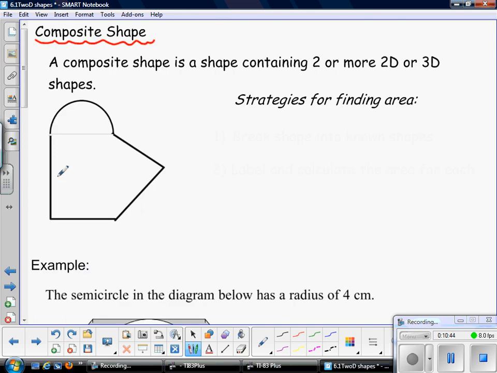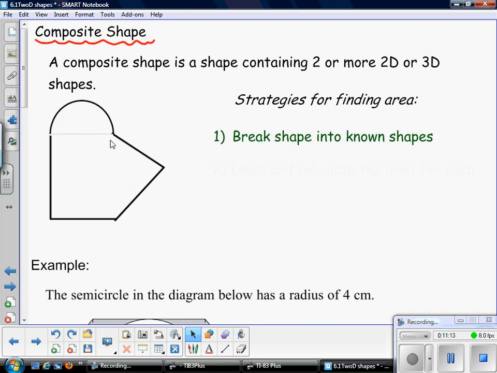Okay, so the next thing we're going to talk about is composite shapes, and then I'm going to pause and then we're going to do the examples. A composite shape is just a shape containing two or more two-dimensional or three-dimensional shapes. We call it a composite shape, or a composite object, especially if we're in 3D. Now, the strategy for finding the area, because that's usually the hardest part, is you break it into shapes that you know.